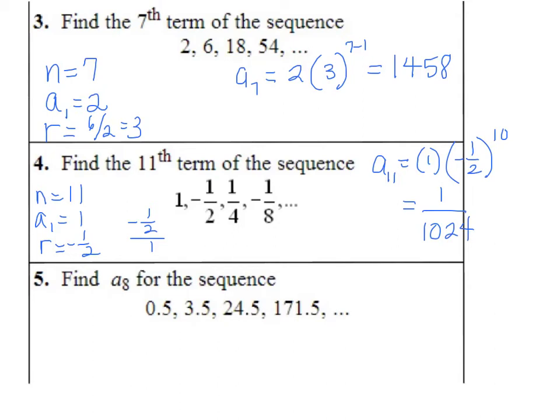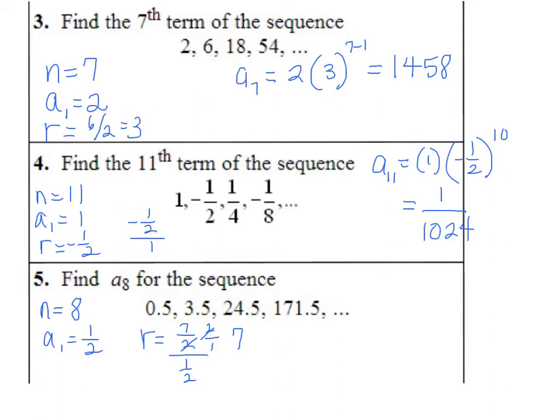Last one. This one you got to be careful, and you really need to do the work to find r, because otherwise you'll get it wrong. When you look at it, don't you think this is times 3? It's not. All right, so n equals 8. A sub 1 is 1/2. To find r, I'm going to take 3.5, which is 7/2, divided by 1/2. So when you divide that, flip and multiply, r is equal to 7, not 3. 0.5 times 7 will get me that.